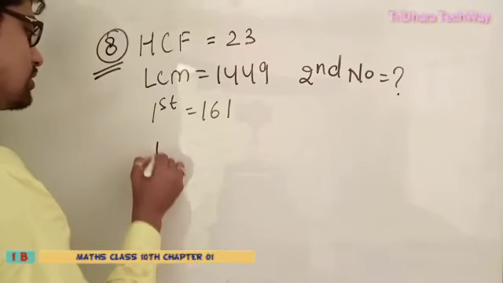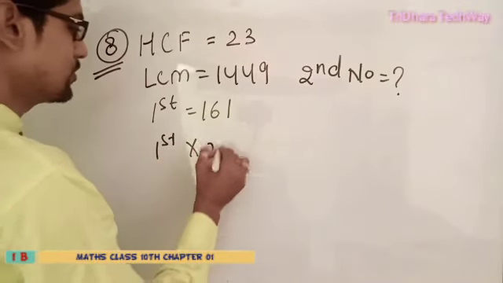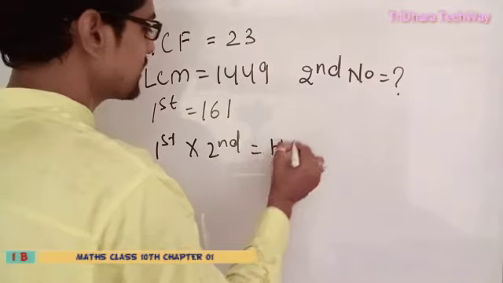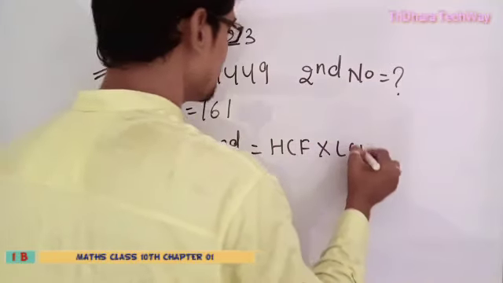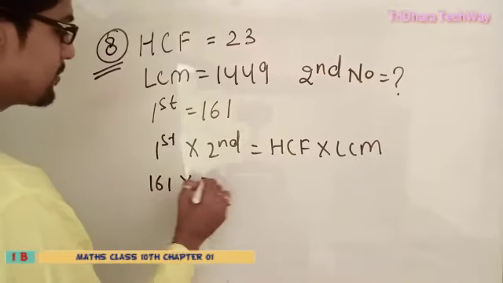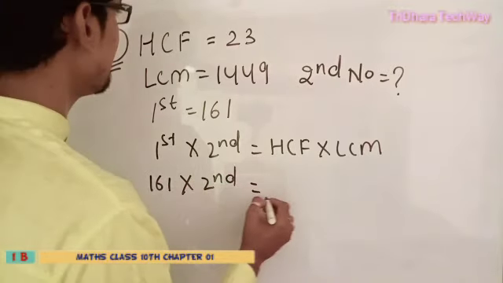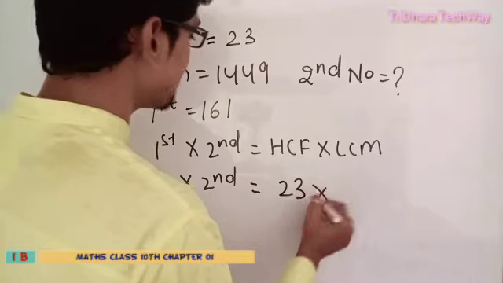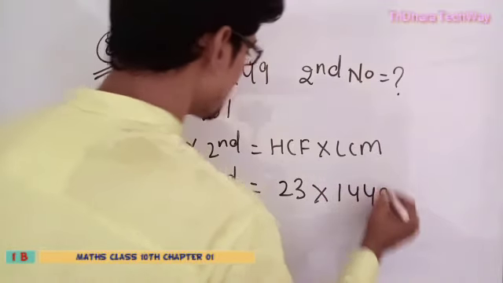You know first number into second number is equal to HCF into LCM. First number is 161, second number you have to find. HCF is equal to 23 and LCM is equal to 1449.